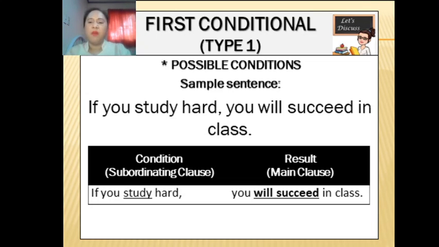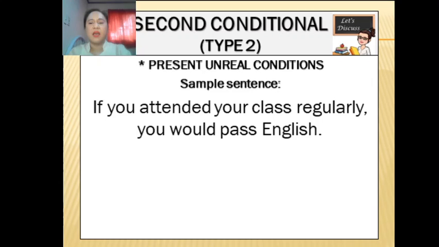Now, the third type of conditional is called the second conditional or type 2. Second conditionals or type 2 conditionals are called present unreal conditions. This type of conditional sentence is used to express an unreal or improbable condition and its result in the present or future.